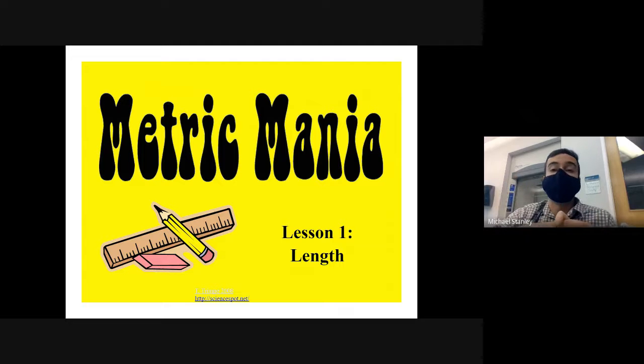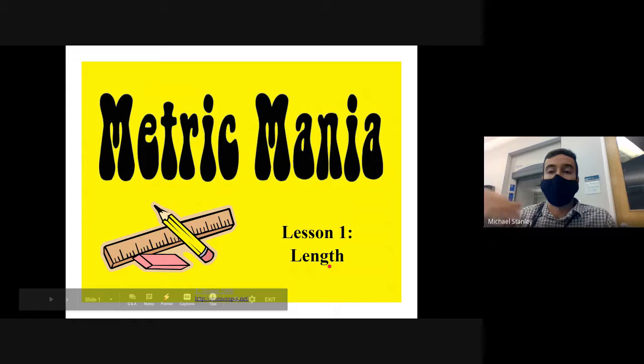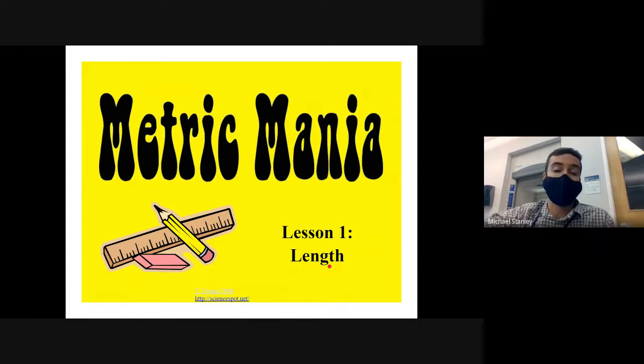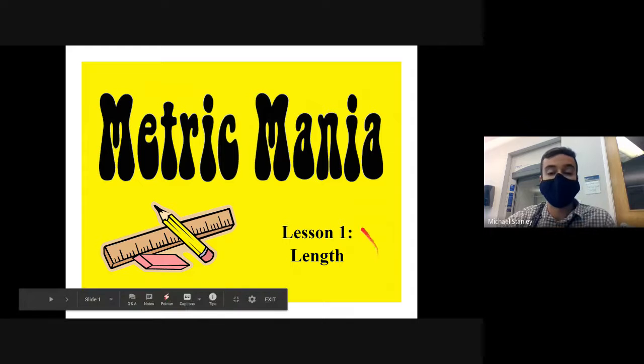There is length and distance, there is mass, which is weight, and there is volume, how much space something takes up. And so the first one that we're going to talk about today is length. So how wide or how tall something is, how far away something is, it all falls under length.